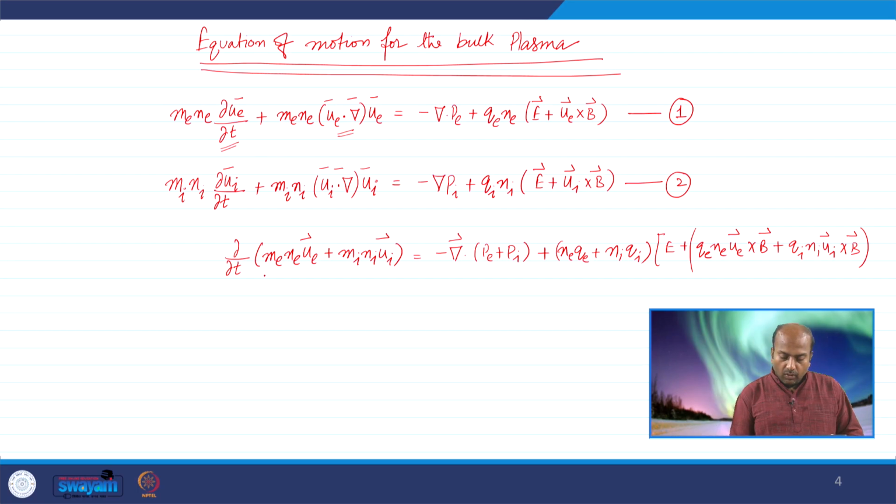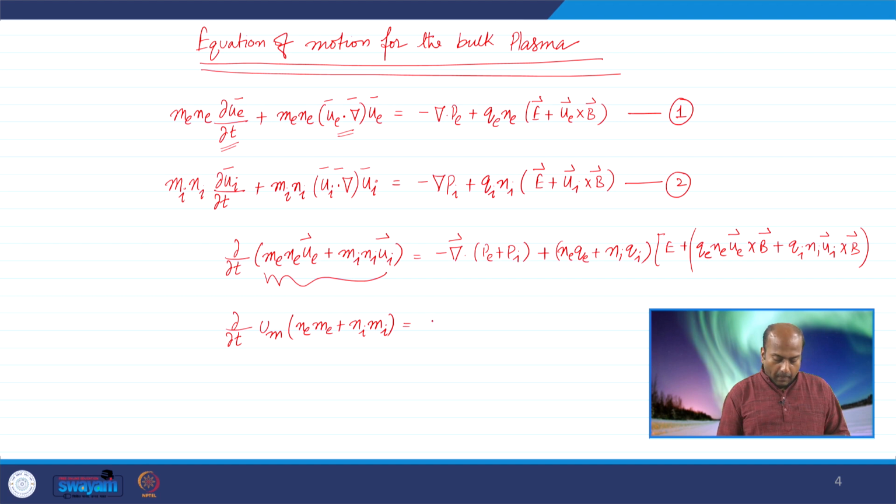So using what we know already, we can write dou over dou t of times me plus mi is equal to minus plus, okay.